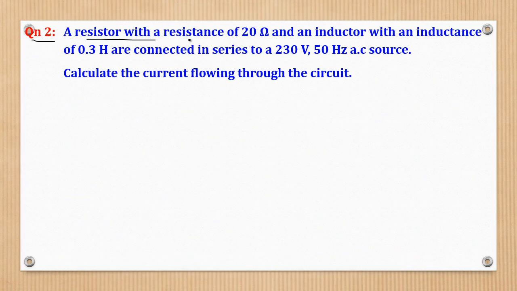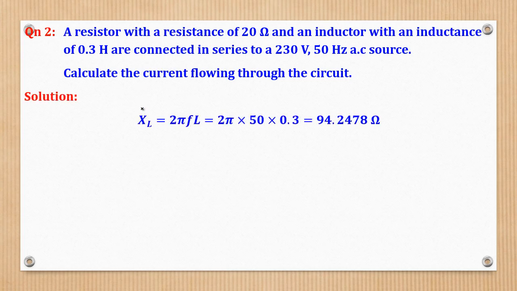Question 2, a resistor with a resistance of 20 ohms and an inductor with inductance 0.3 Henry are connected in series to a 230 volt 50 Hz AC source. Calculate the current flowing through the circuit. So here still we'll do the same.